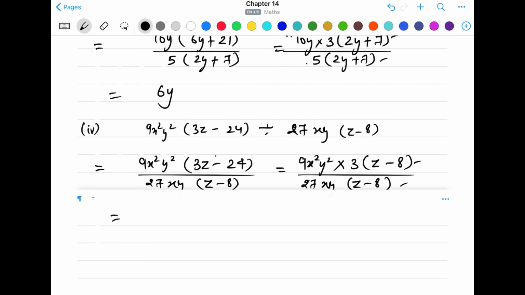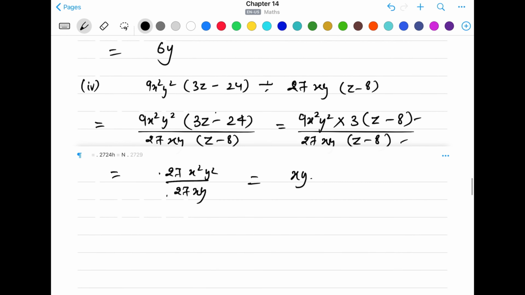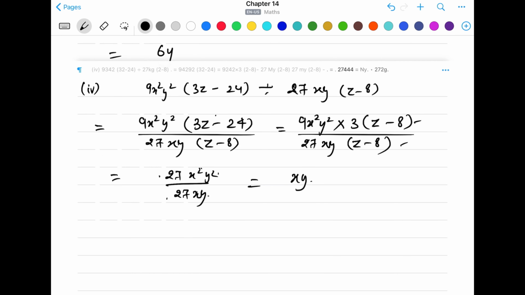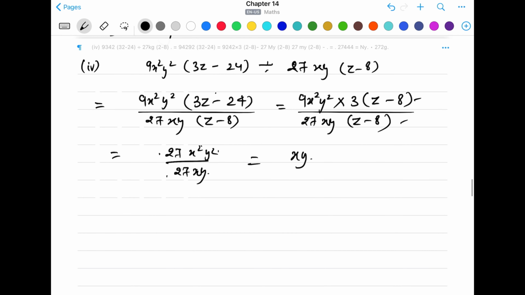So we're left with 9 into 3 is 27 x square y square, and in the denominator we also have 27xy. So 27 and 27 divided by each other give 1. This x square divided by x and y square divided by y will give us only x and y. Both cancel the 1 power, so we're left with only x into y.